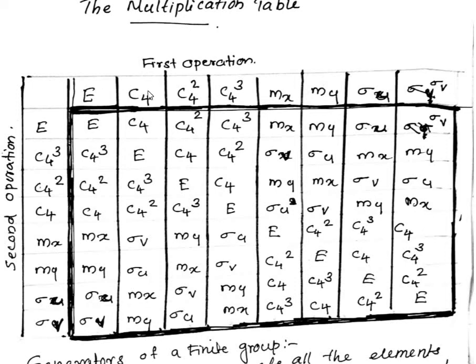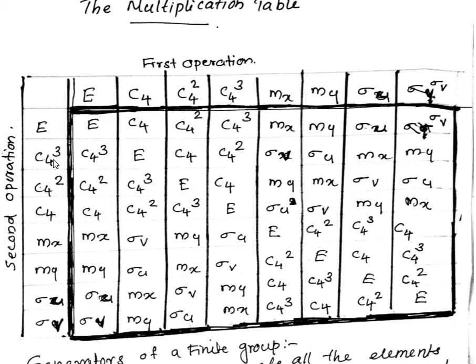You can write in any order. No such restriction is there for writing the multiplication table. But in this multiplication table, I write e, c4 square, c4 cube, mx, my, sigma u, sigma v, and here I write e, c4 cube. c4 cube is the inverse of c4.